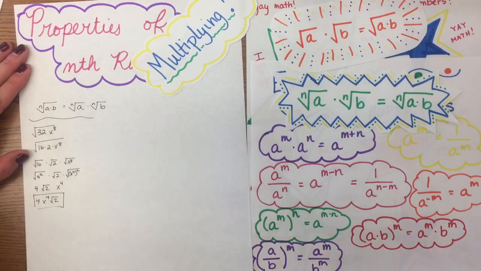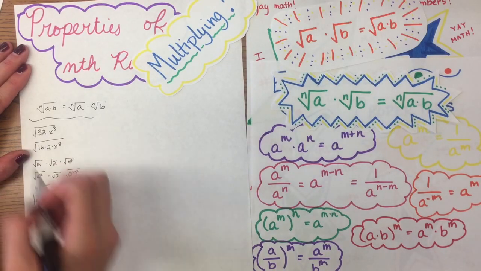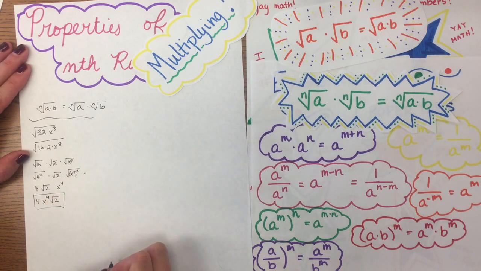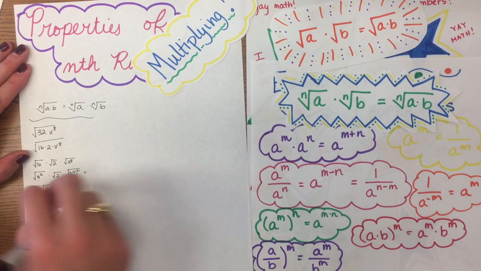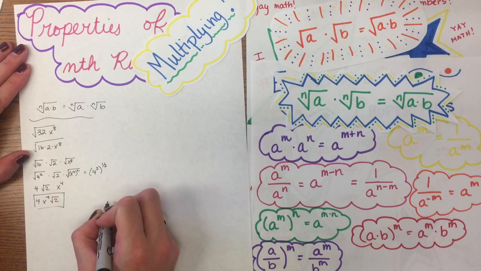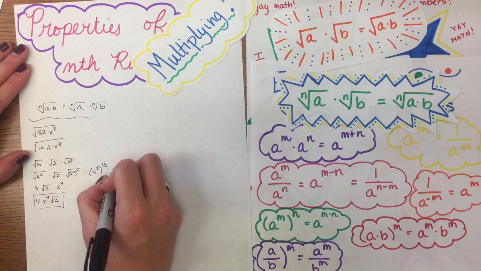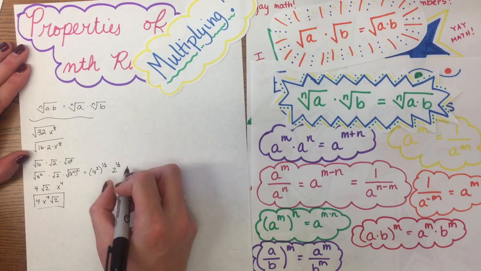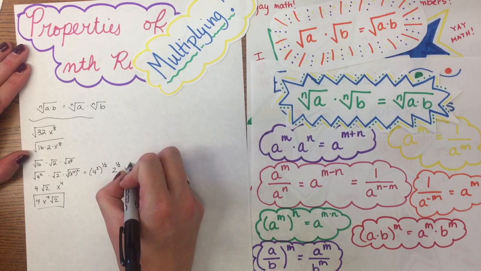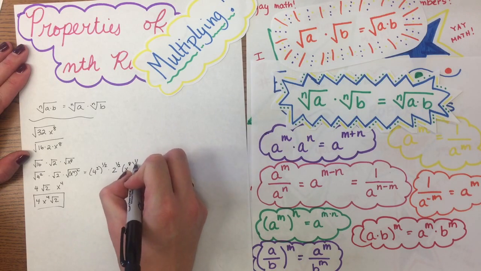If I had taken any of these steps and turned this into a rational exponent, I'm going to jump to this step. This would be 4 squared raised to the 1/2 times 2 raised to the 1/2. And actually, I'm going to go to this one and write this as x to the 8th raised to the 1/2.